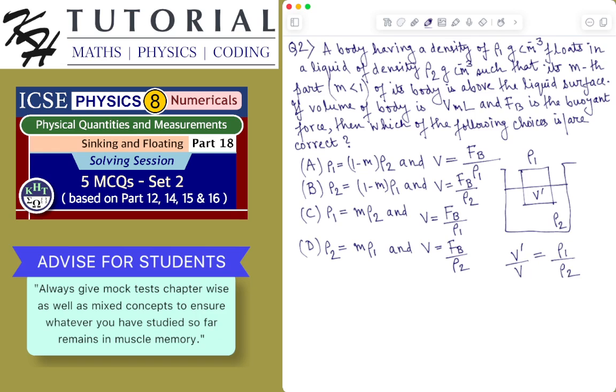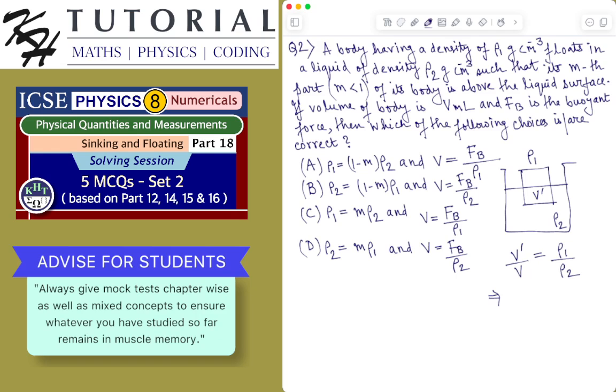And what exactly is V dash by V? Now this is the fractional part of the body immersed in the liquid. Now in the problem it is given that mth part of the body is above the liquid surface, and m is obviously a proper fraction, that is m is less than 1.